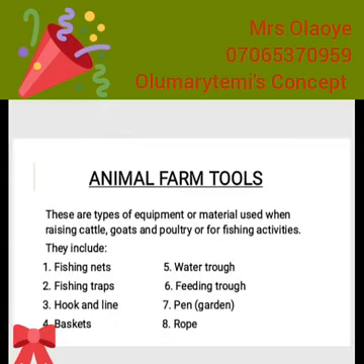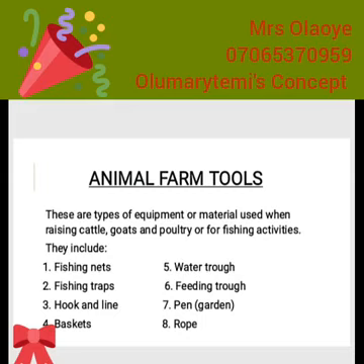Now on this next slide we have animal farm tools. These are types of equipment or material used when raising cattle, goats, and poultry, or for fishing activities. These animal farm tools are the tools we use in raising the animals that we've just named: cattle, goats, poultry, or fishing activities.